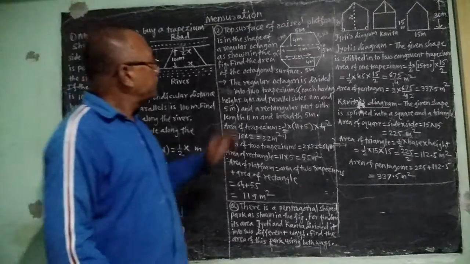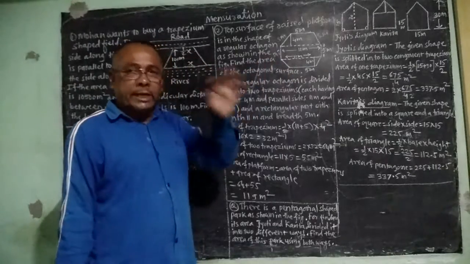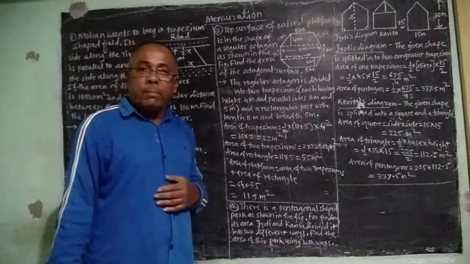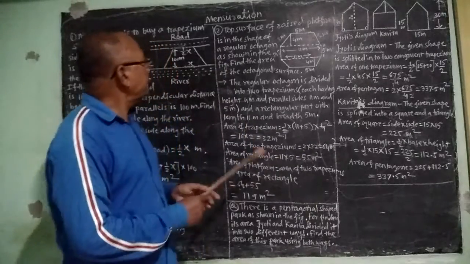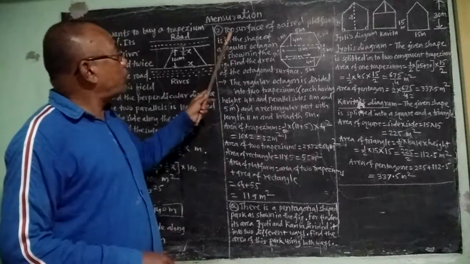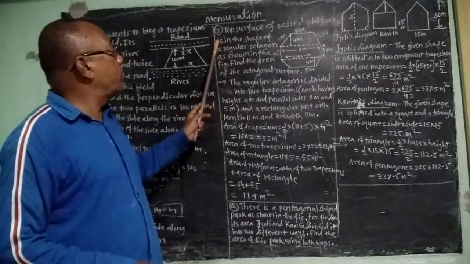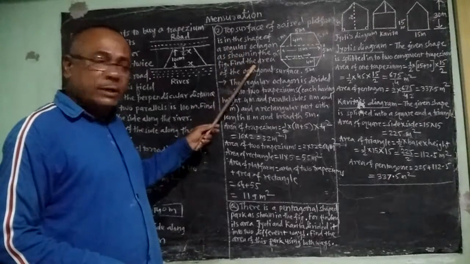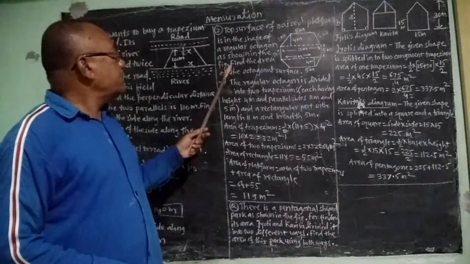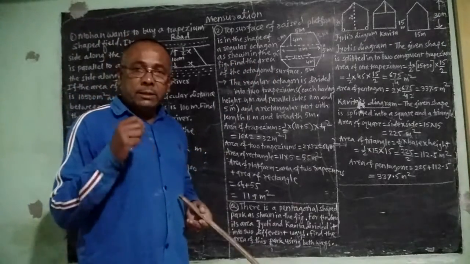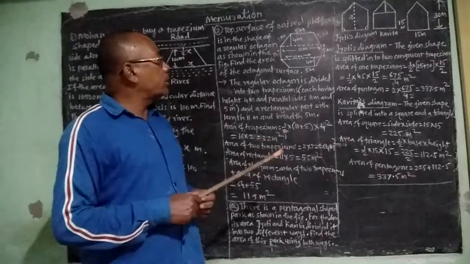So here, though it is an octagon, all the 8 sides of the platform are equal. The top surface of the raised platform is in the shape of a regular octagon as shown in the figure. Find the area of the octagonal surface.